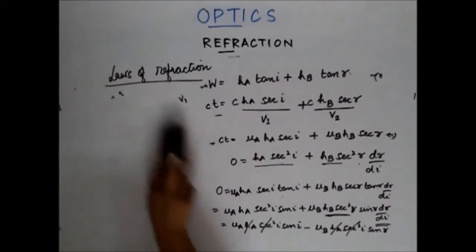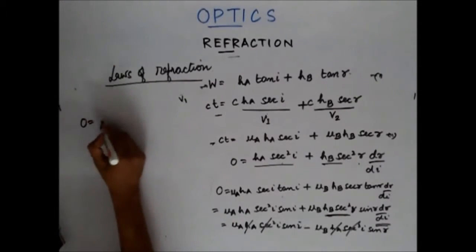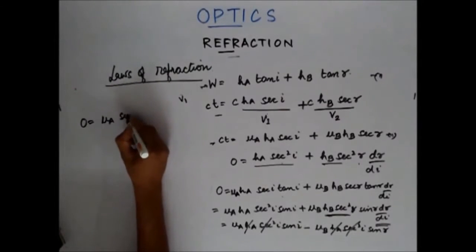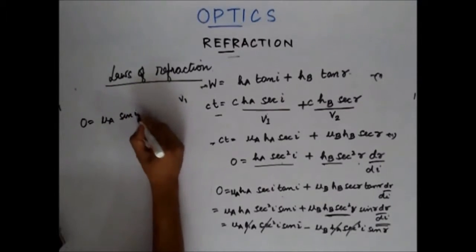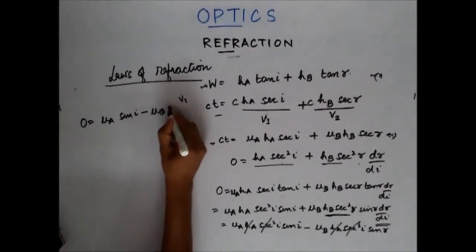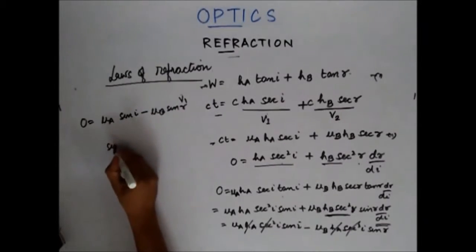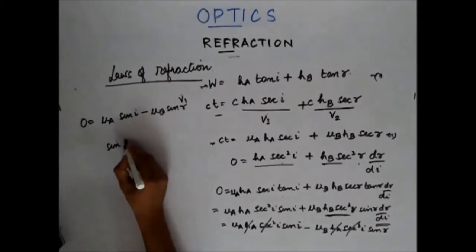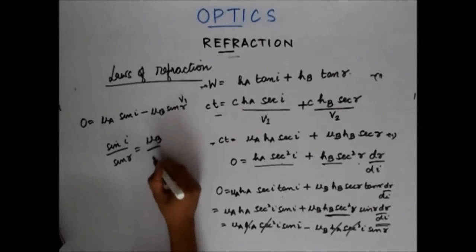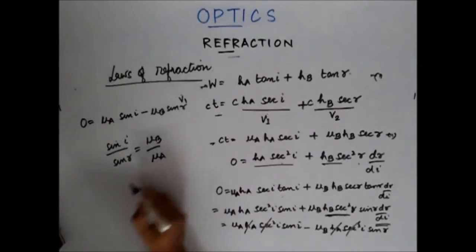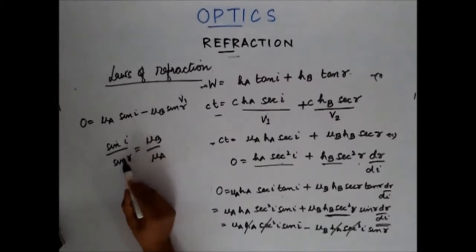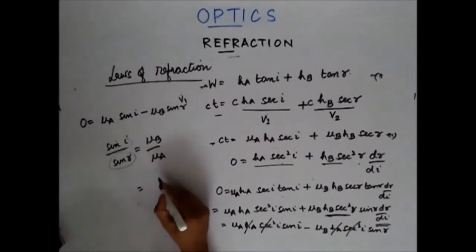So I get 0 is equal to mu A sin I minus mu B sin R, or I get sin I by sin R is equal to mu B by mu A. I can write that the ratio of the sine of the angle of incidence divided by the sine of the angle of refraction is equal to the relative refractive index of the second medium with respect to the first medium.